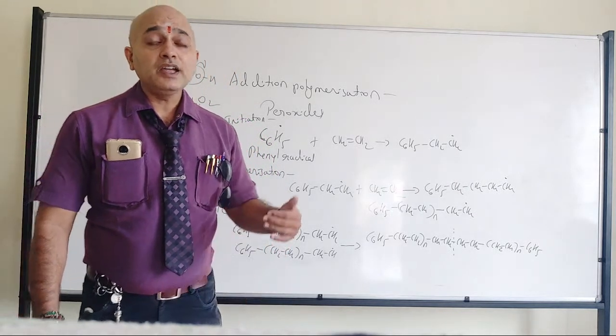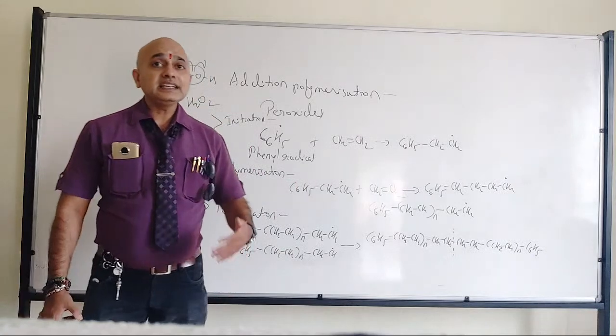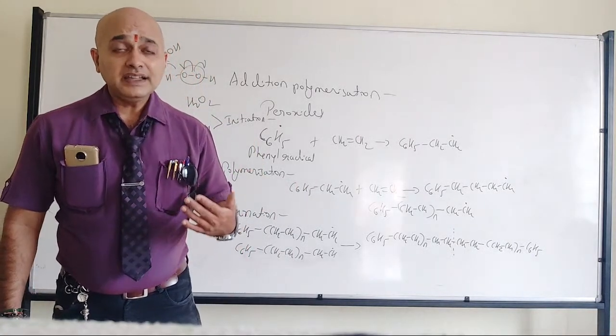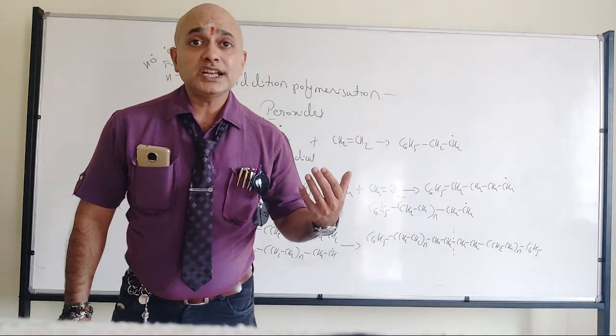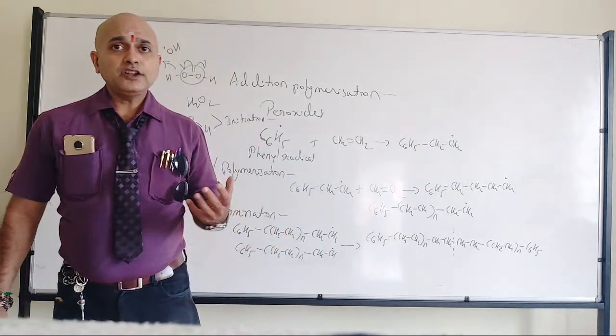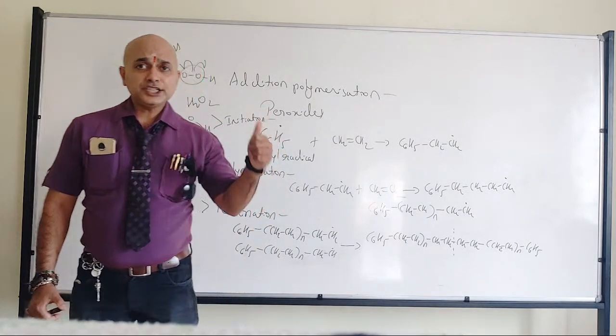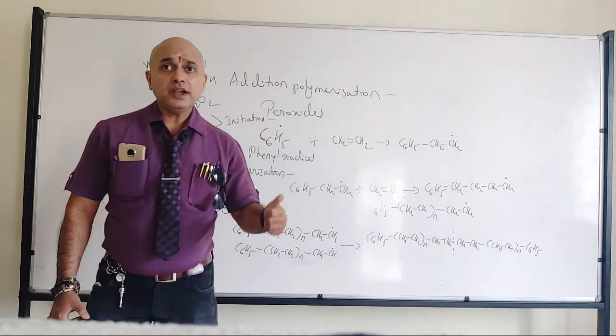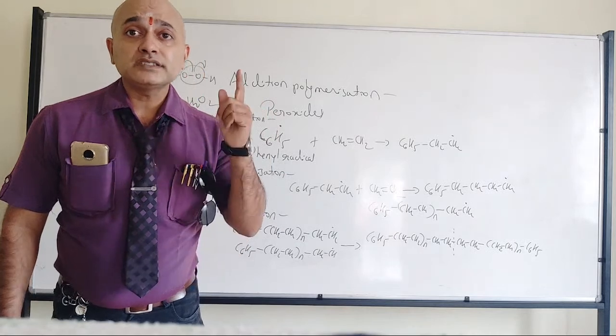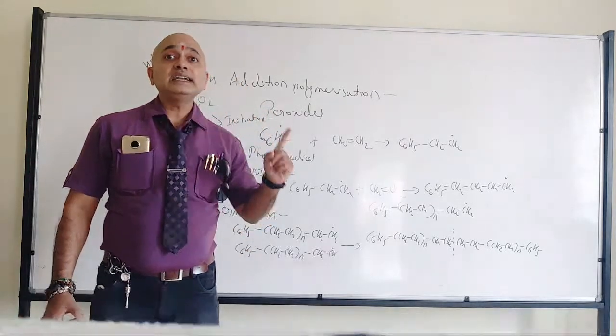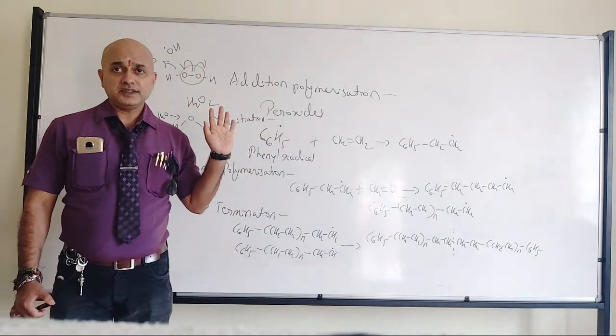It is peroxide, or any chemical which is going to initiate the radical formation. But normally they are going to use peroxide. For addition polymerization, there is a requirement of peroxide, which is not required for condensation polymerization.